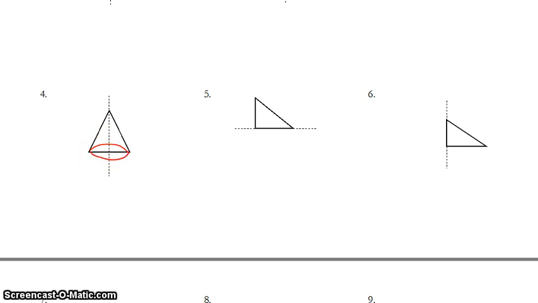In a problem like number 5, I want to make sure I draw the reflection, and it has to be somewhat accurate. This is my only perpendicular, that's my only curve, and I get my cone on its side. In number 6, it's the reflection and then the curves. I have a cone.